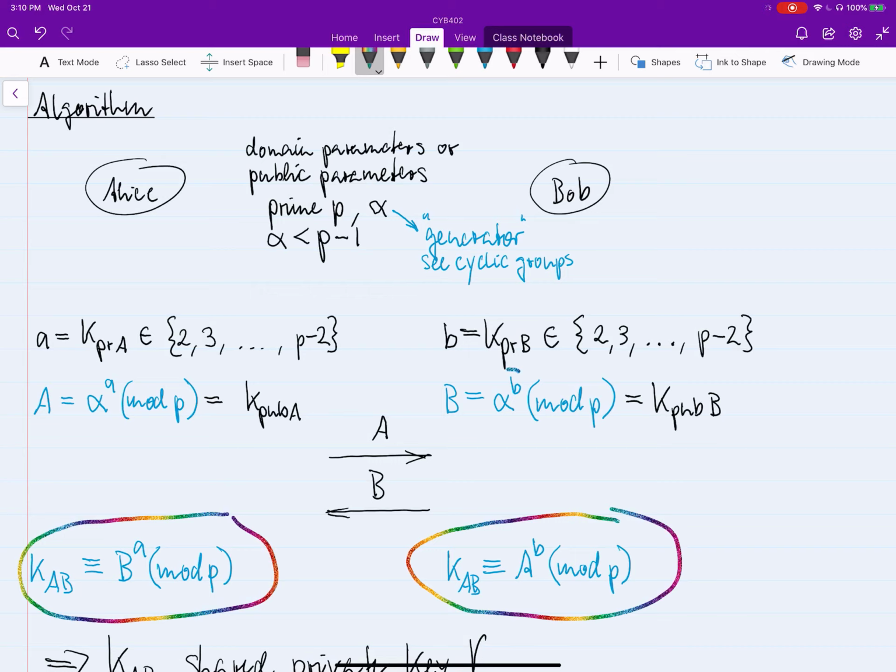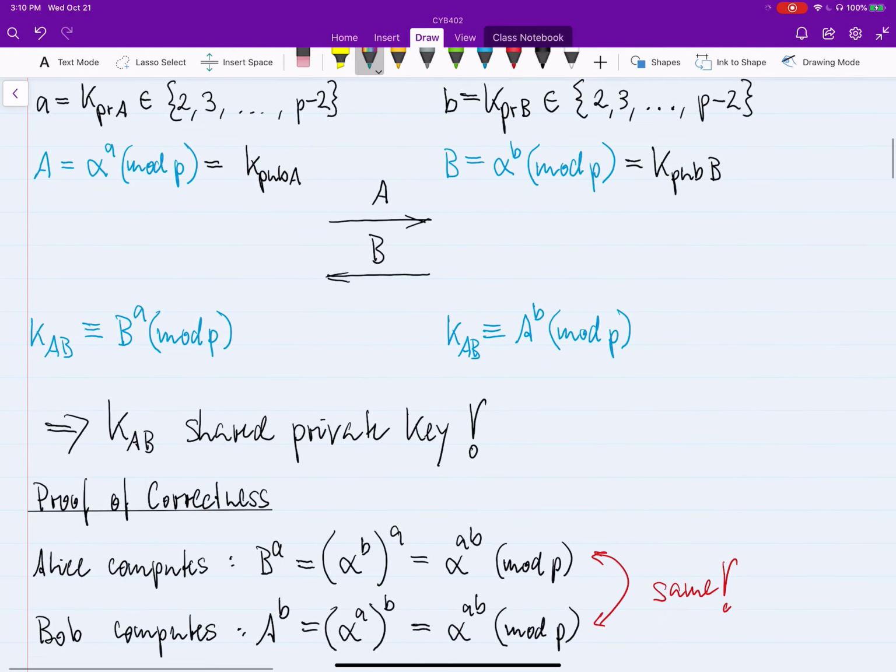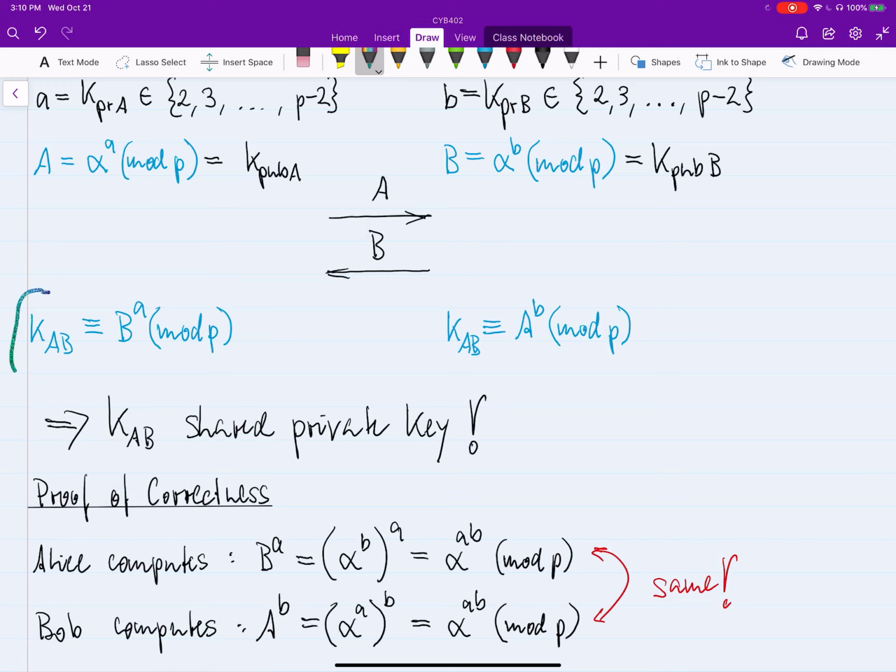The b that he had here is basically used twice. And Alice is doing the same thing. The a that she has is being used twice as well. Now comes the interesting thing. The result that both of them get is the shared secret key K_AB.